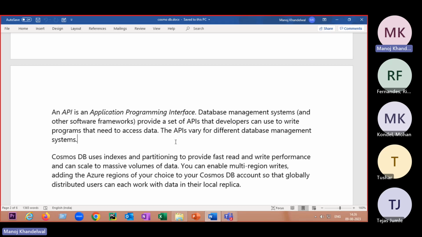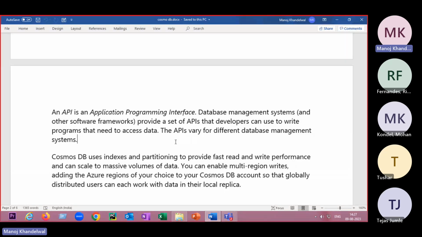So an API is a ready-made programming library which the cloud has generated for each programming language. Nowadays all cloud platforms, be it Azure, AWS, or Google, provide APIs. APIs are like standard libraries which developers can use to interface with the cloud. Without actually logging on to the portal, they can do it with the help of programming.